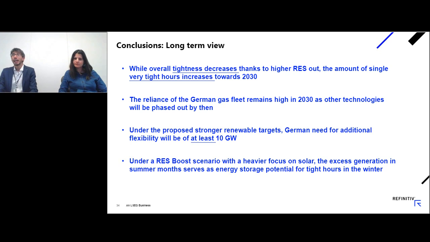And finally, under a renewable boost scenario with heavier focus on solar, as the one we have seen modeled in our exercise, the excess generation in the summer months needs to serve as energy storage potential for the tight hours in the winter. There is really little way to go away from this key lesson.